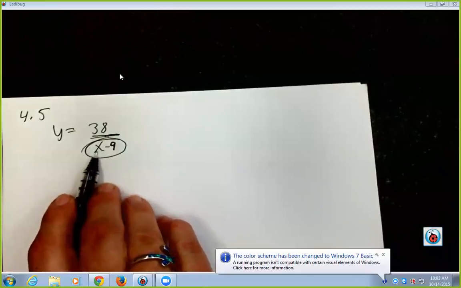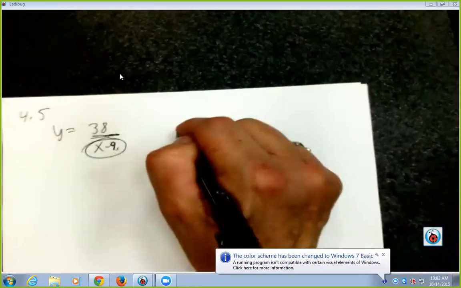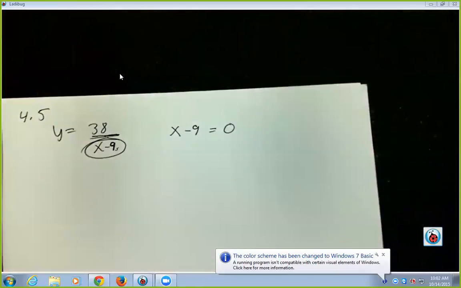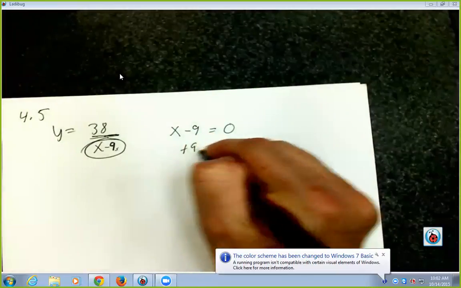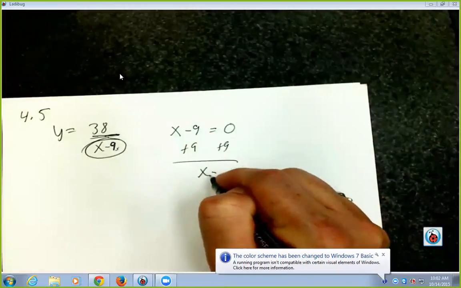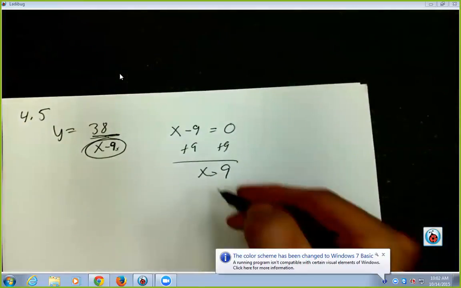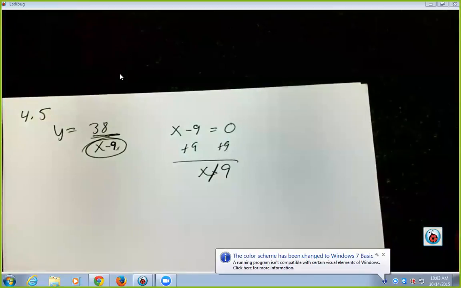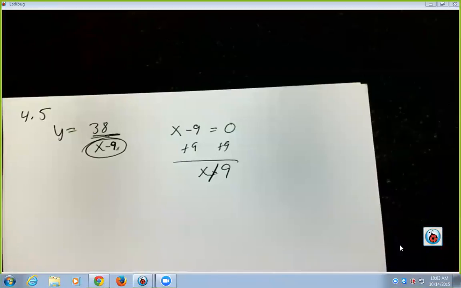So I can never have 0 there. So you take whatever that denominator is, set it equal to 0, and solve for x. But what this means is that x can never equal 9.